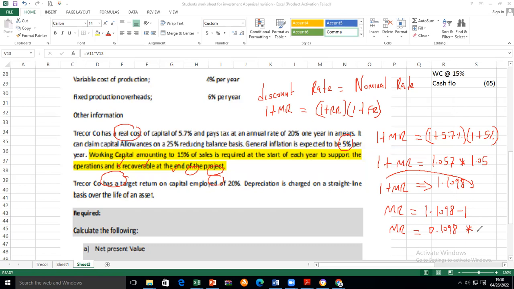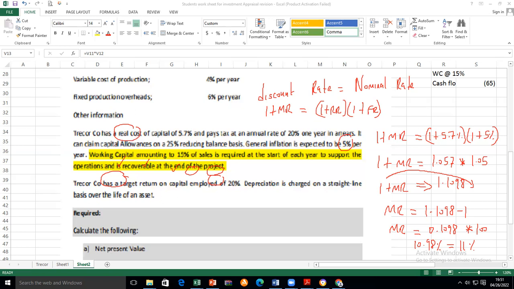Multiplied by 100%: 10.9, rounded off 11%. So this is the appropriate discount rate that we are going to use. Are you together, people?